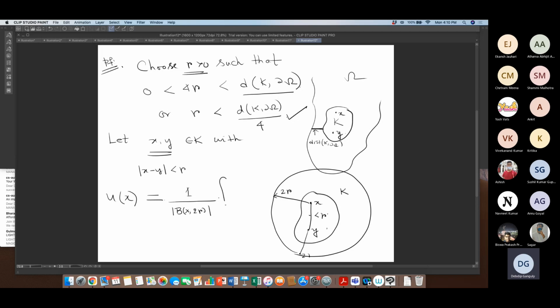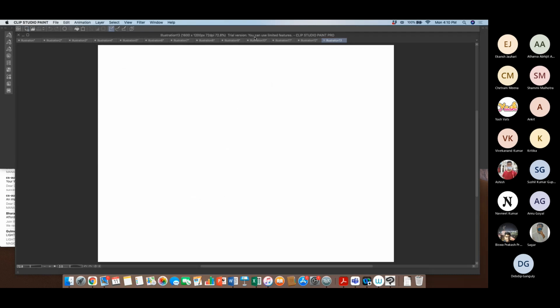So this is B(x, 2r), the integral of u(z) dz, let's say. Just a minute, I write down again by mean value property, B(x, 2r), u(z) dz.